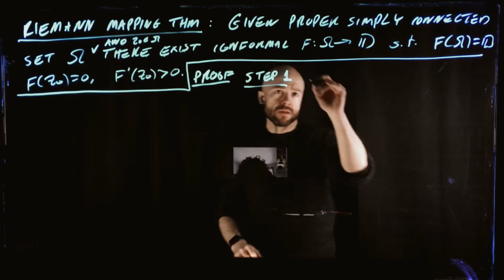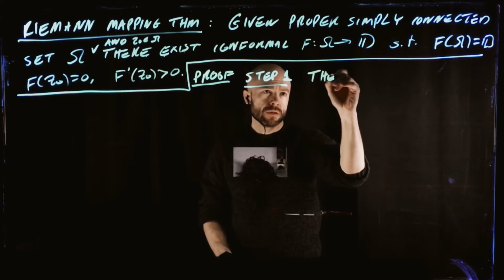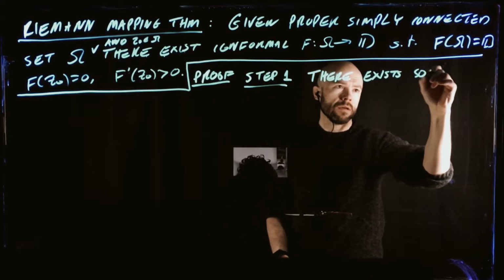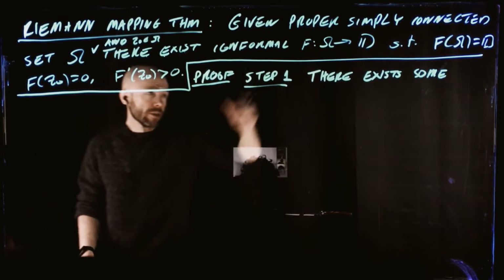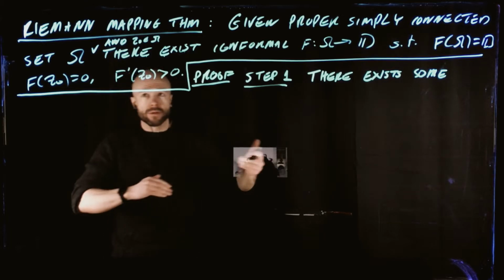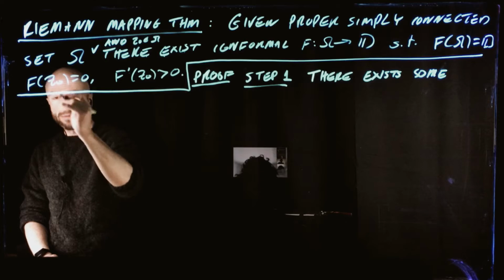Okay, so there exists, I'll draw a picture in a second. I called this guy F, but I'm going to call other things F too, because I'm going to run out otherwise.